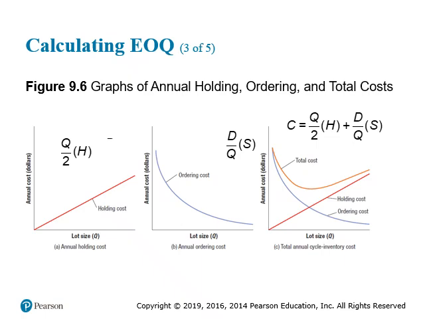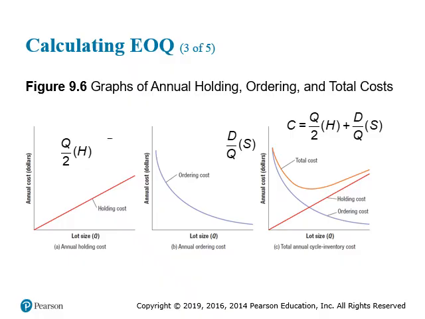So this annual holding cost will simply be Q over 2 times H. And essentially that's a straight line. If Q is your horizontal axis variable and dollars is your vertical axis, then Q over 2 times H is the same thing as H over 2 times Q. So it's a straight line with a slope of H over 2.